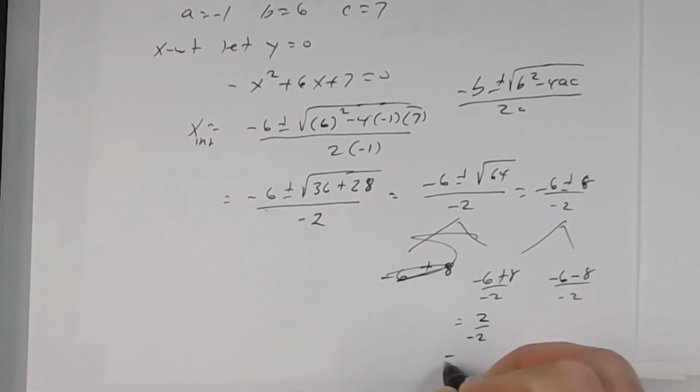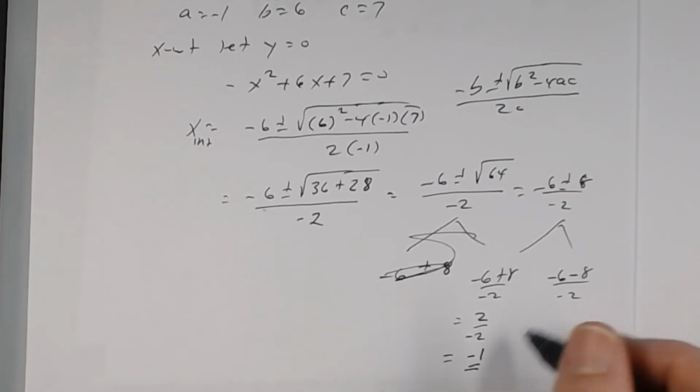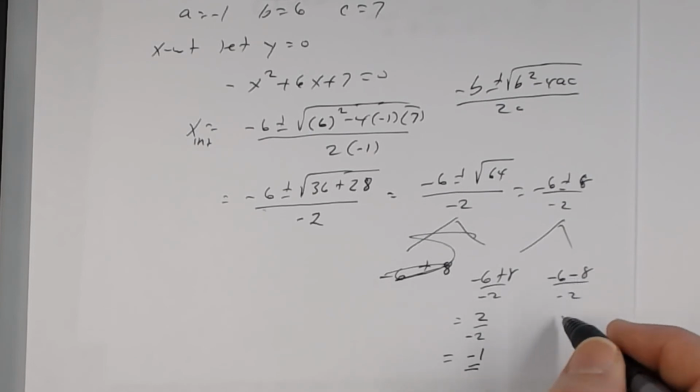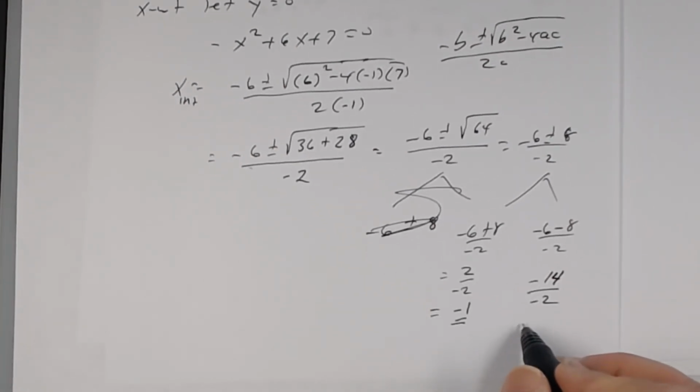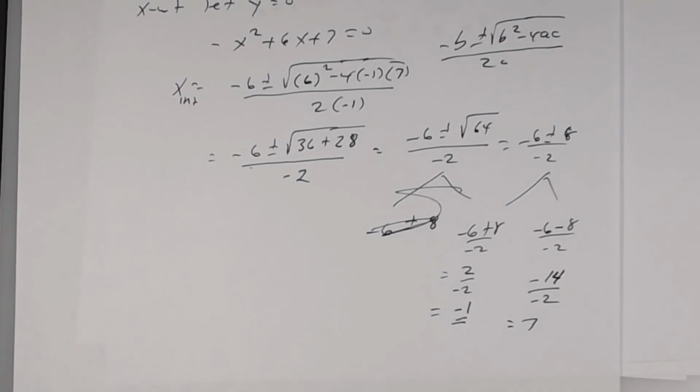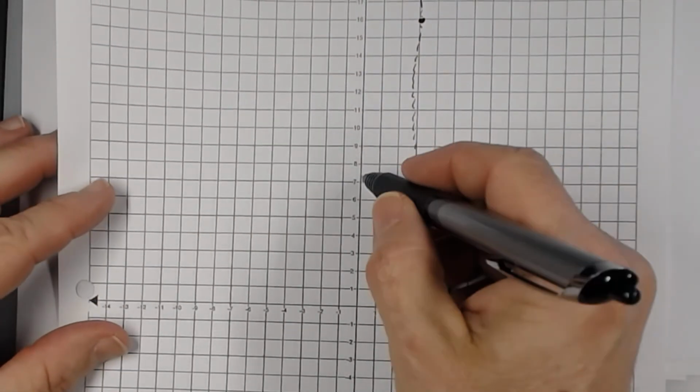And what's 2 divided by negative 2? Negative 1. So there's your first x-intercept. The other one, what's negative 6 and a negative 8? And what's negative 14 divided by negative 2? 7. All right. So the y-intercept was 7 to begin with, right?